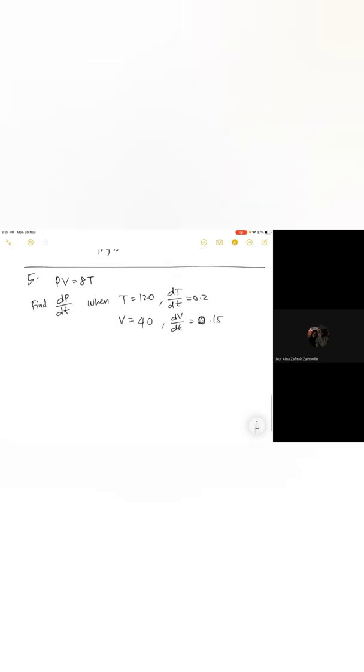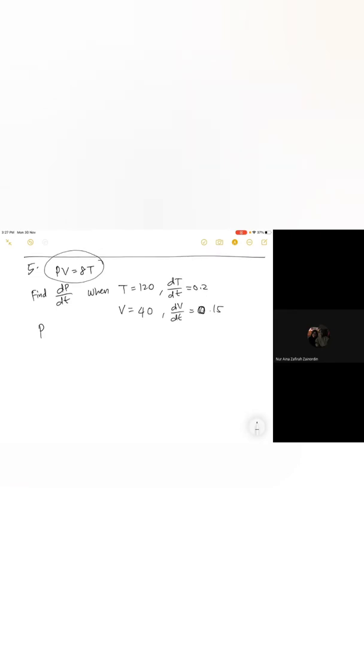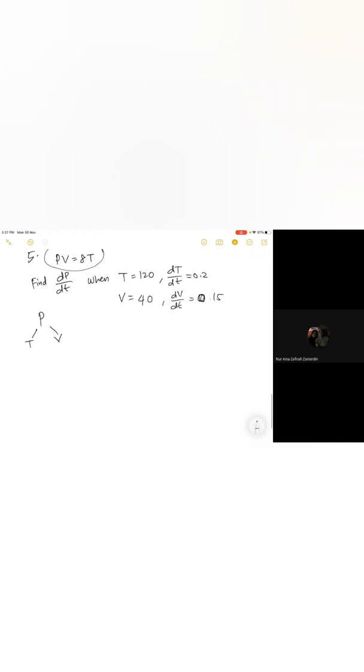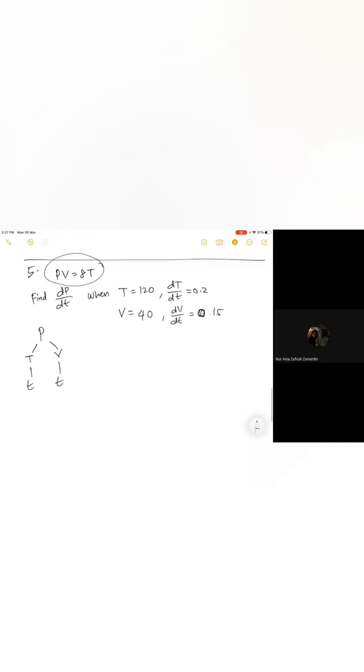Okay, so how do you find P? So again, from this equation, kalau kita nak jadikan P sebagai kita punya main, okay, so bawah tu kita ada T and V. Okay, and then in T you have t, in V you have t as well. So this equation bila ditukar dia akan jadi 8T per V. So kita nak jadikan P sebagai subjek kita.